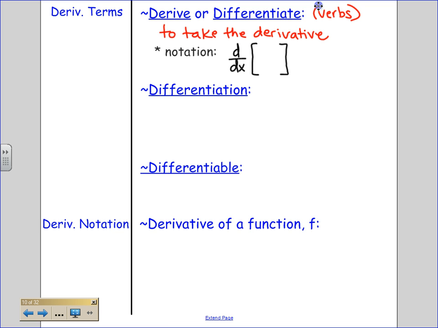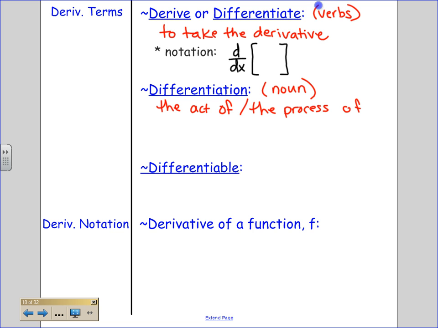Differentiation. This sounds an awful lot like a noun, right? And this is what I would say is the act of. Like the act itself, not the action. Not the actual playing out of the action, but the act itself. Differentiation is the whole process of finding the derivative. The act of, or the process of taking the derivative.